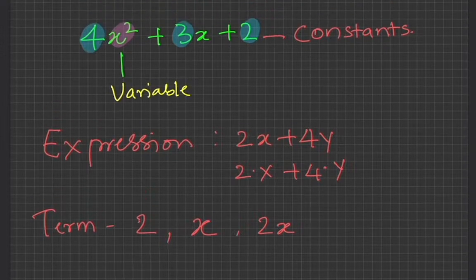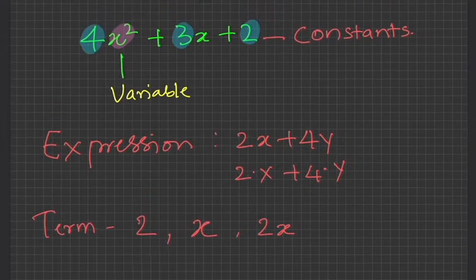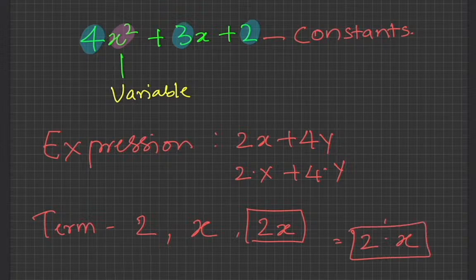The terms are basically the product of their factors. For example, I have got 2x. Only when I multiply 2 times x, I get 2x. So we can say that 2x is basically the product of 2 times x.